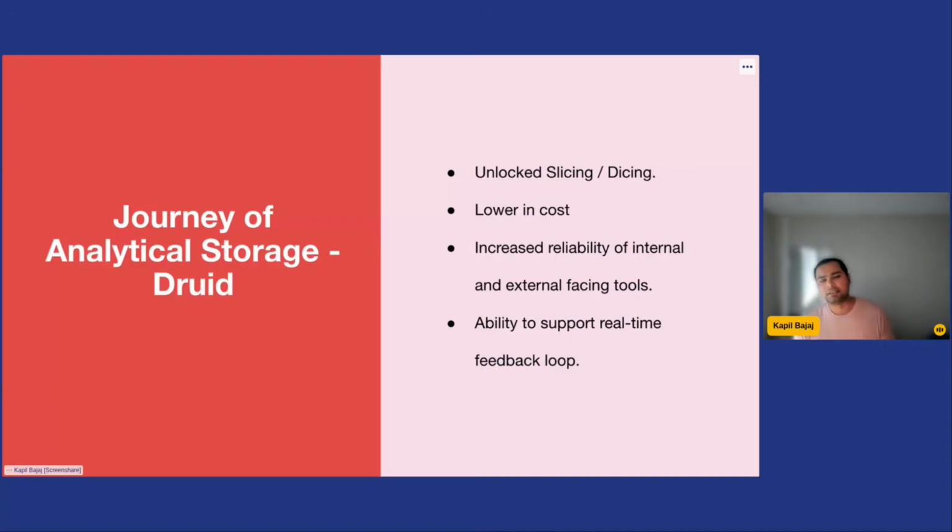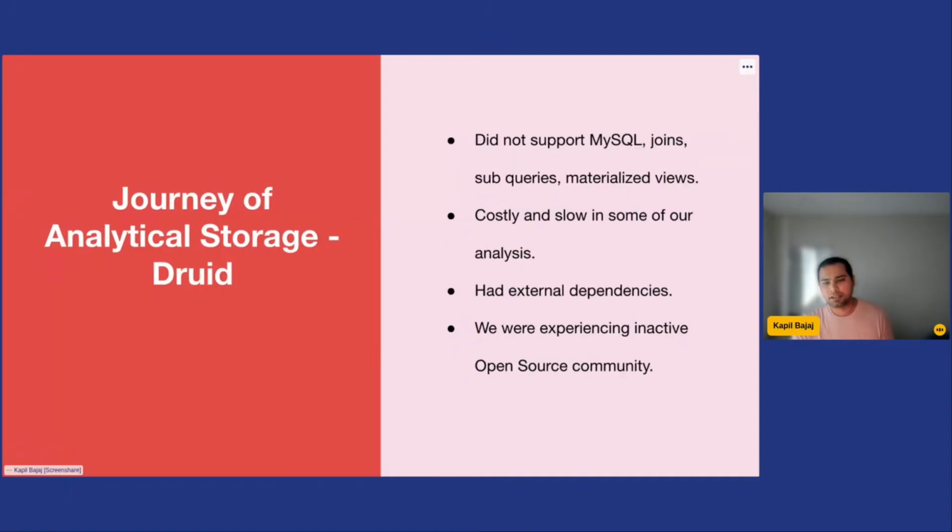So both internal and external customers were happy. In fact, we were able to support a real-time feedback loop for our advertisers for the first time using Druid. So we started onboarding more and more onto Druid, and that became our primary analytical option. But as all good things come to an end, over time we realized that Druid might not be providing us what we need now.